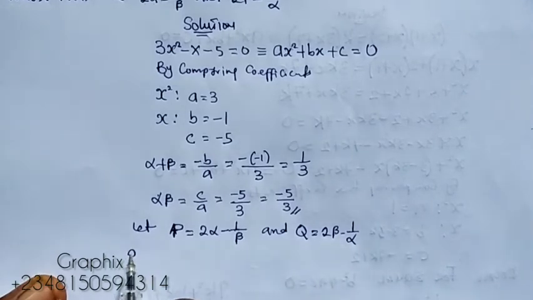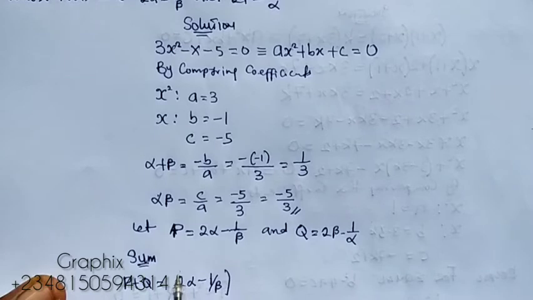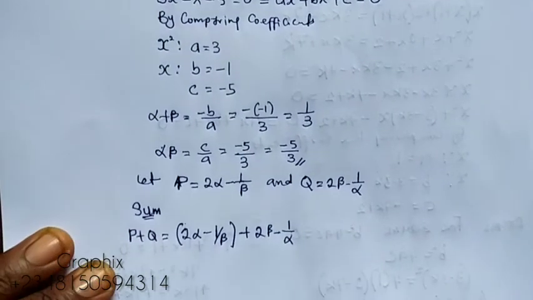So for the sum, you're going to add both of them. Look for p plus q, which is 2 alpha minus 1 over beta plus 2 beta minus 1 over alpha. That is p plus q.